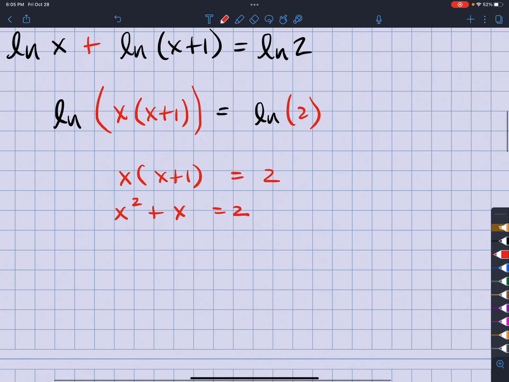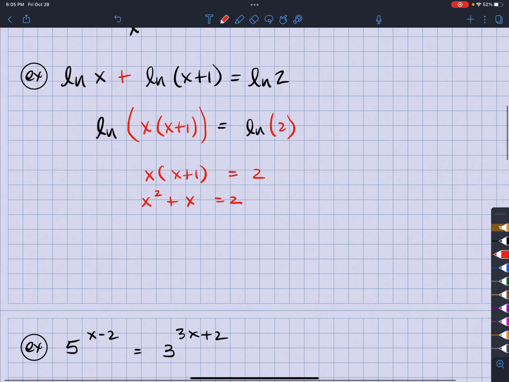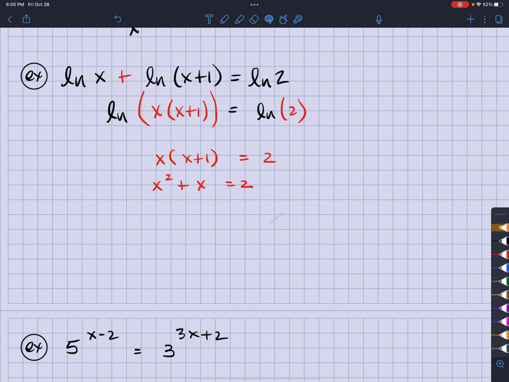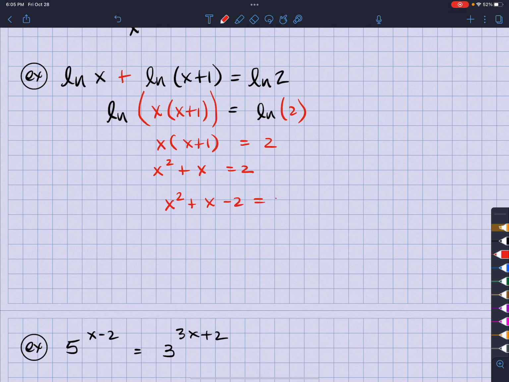I have a quadratic, so I have x squared plus x minus 2 is equal to 0. So I have an x plus 2 and an x minus 1. So I get x is equal to negative 2 and x equals 1.